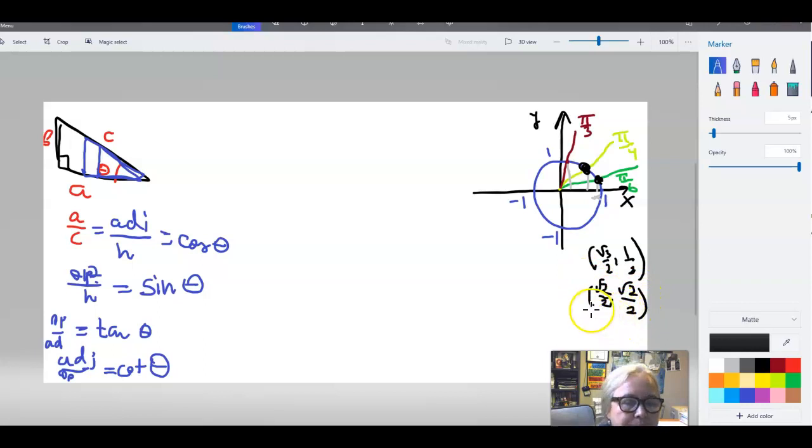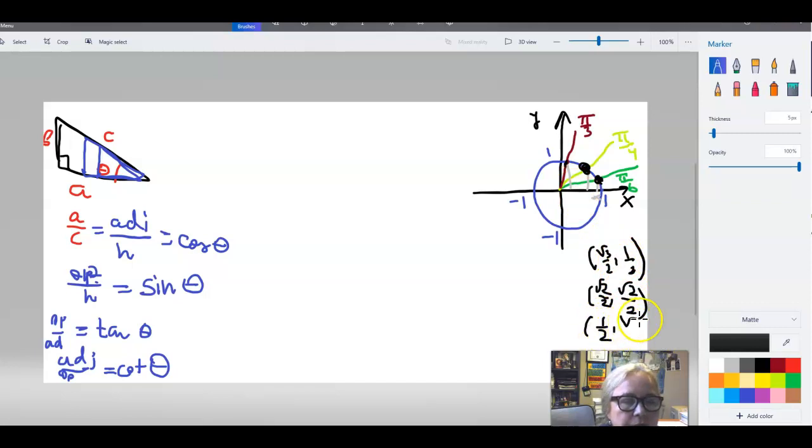And the point for the pi over 3 angle will be x coordinate 1/2, y coordinate square root of 3 over 2.